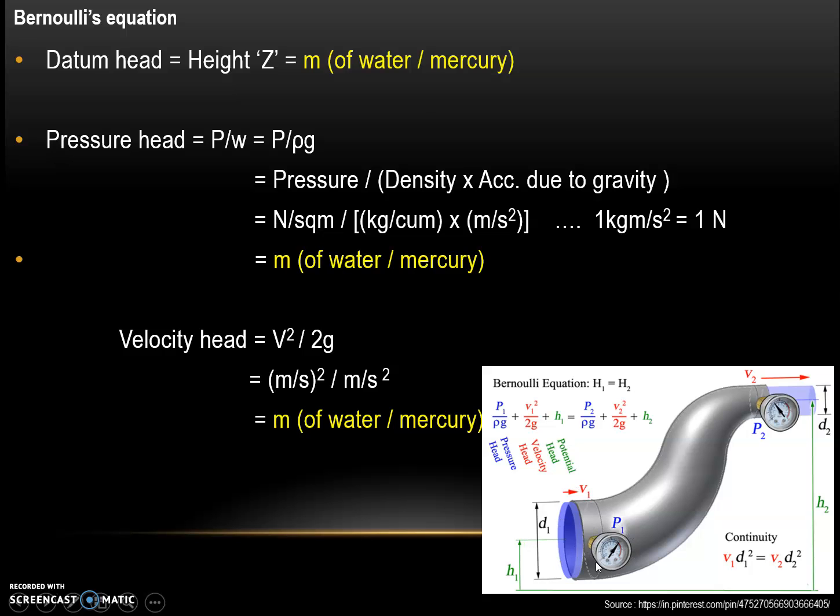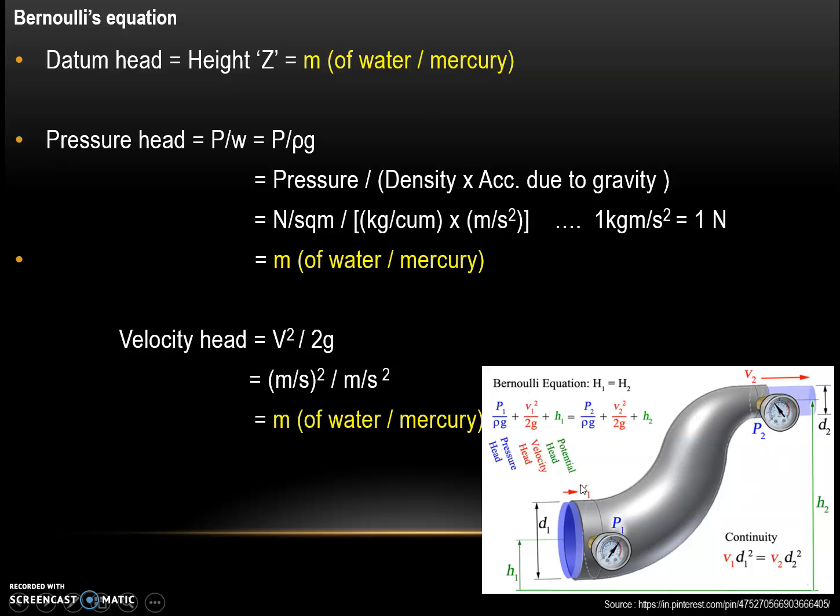If we measure the pressure at section 1, then the pressure head will be P1 divided by rho g. So the pressure head is P1 by rho g at section 1. Let V1 be the velocity at section 1. So the velocity head at section 1 will be V1 square by 2g.